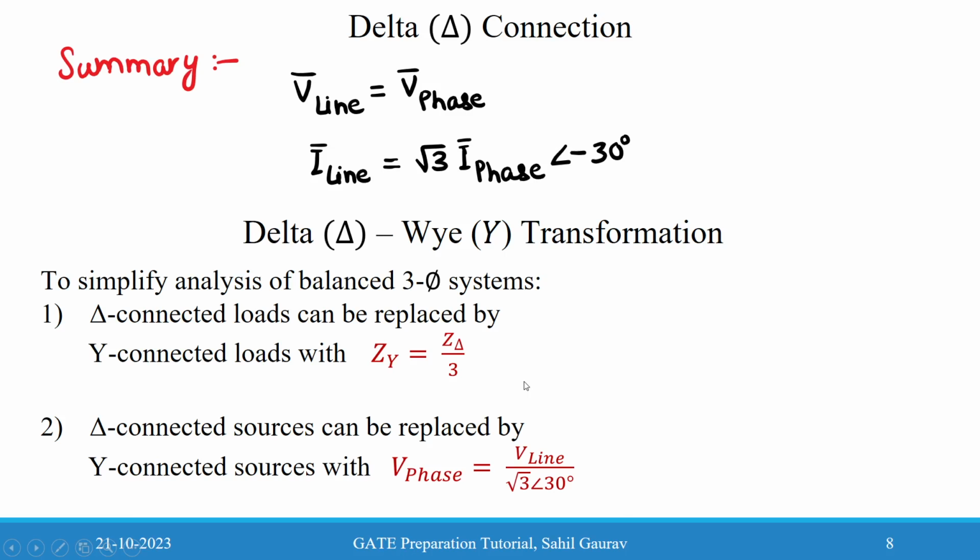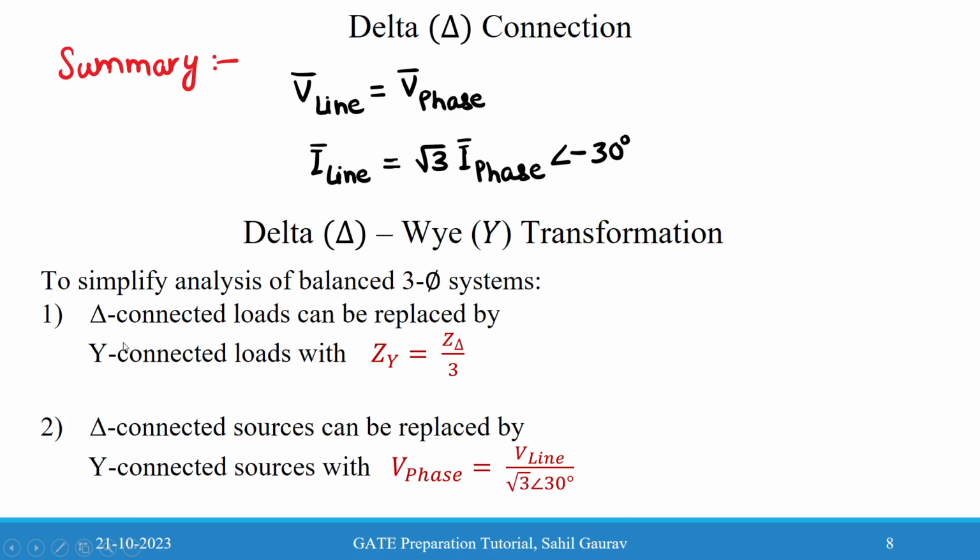If the system is already a star connected system, there is no need to convert it. You can simply proceed. But if a delta connected load or delta connected source is present in the balanced three phase system, first you need to convert it to a star connected system.